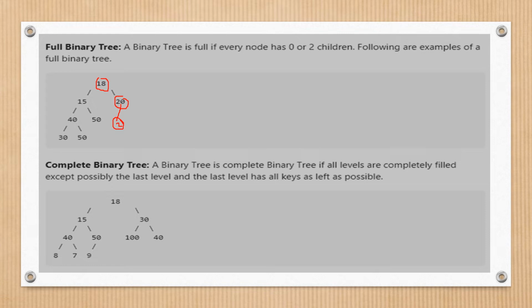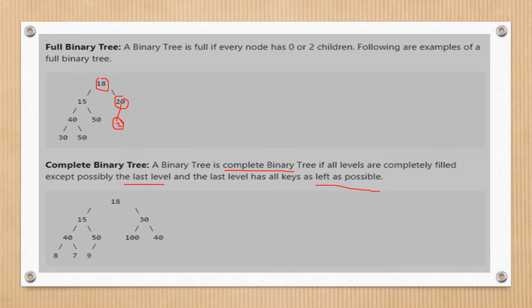Next one is complete binary tree. A binary tree is said to be complete binary tree if all the levels are completely filled except possibly the last level, and the last level has all the keys as left as possible.